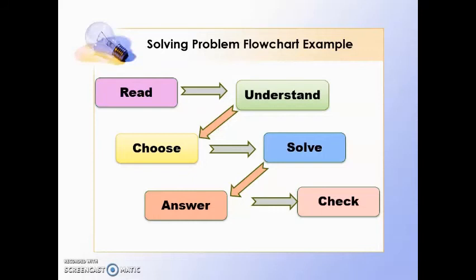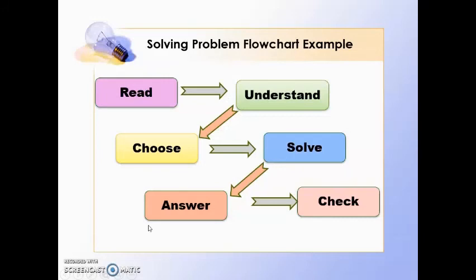Then you need to choose benefits or advantages or disadvantages about the problem. We need to be clear about this. We need to be specific when we choose something in order to solve a problem. Then you need to think about the solution, how you are going to solve that problem. The next step is answers.